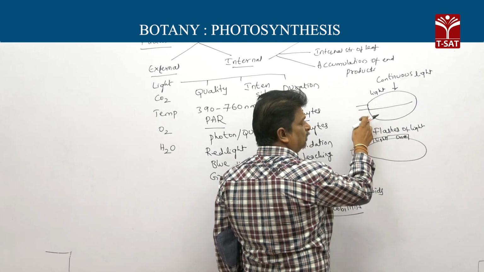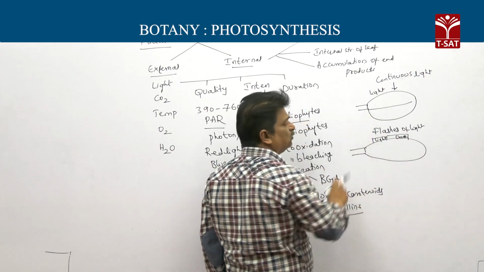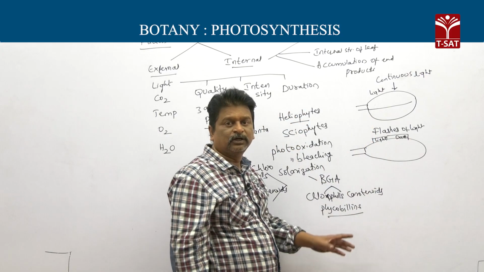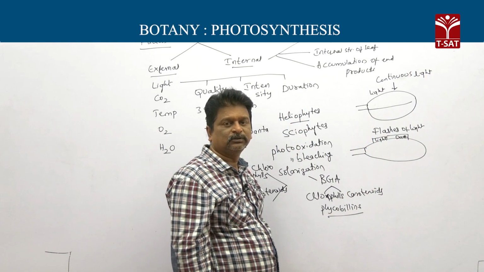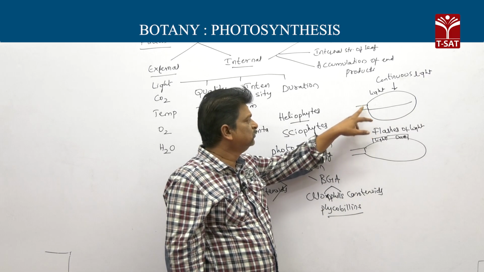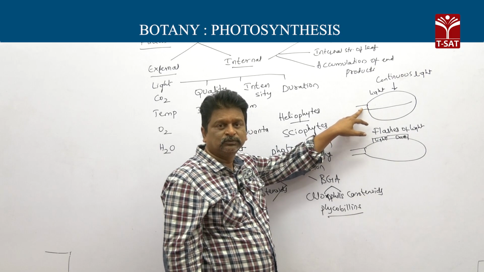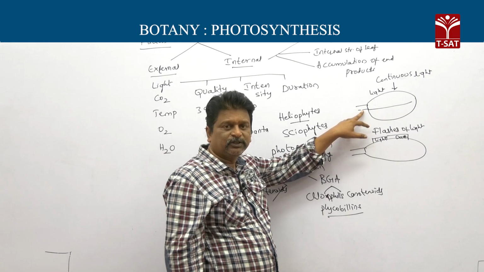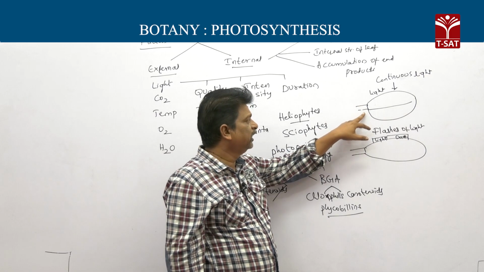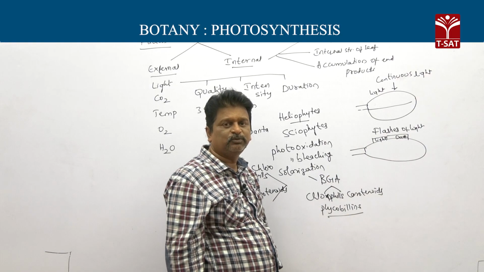Why? The rate of photosynthesis is directly proportional to the rate of translocation of food. So, if light is continuous, more food materials are accumulated. If more food materials accumulate, they block the active sites of enzymes. That is called feedback inhibition.